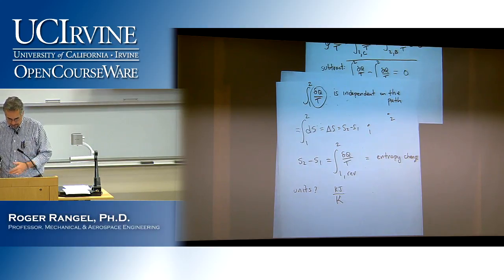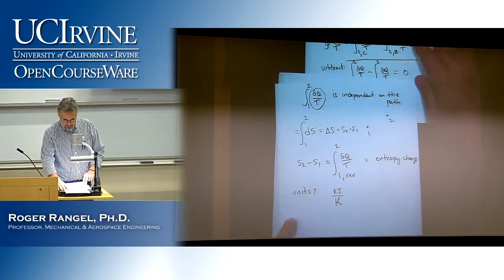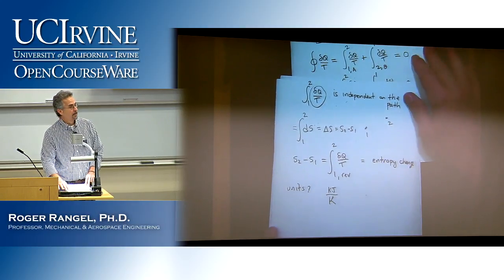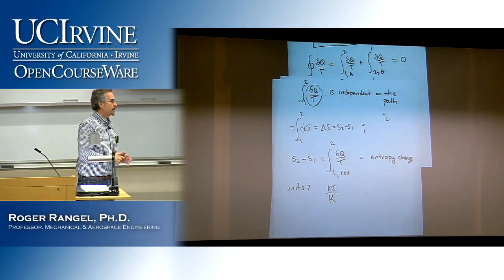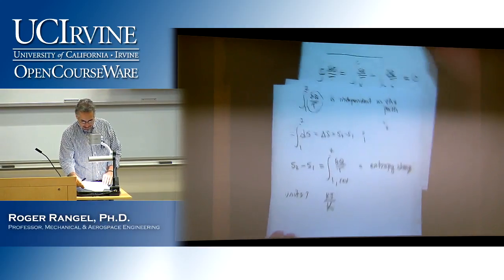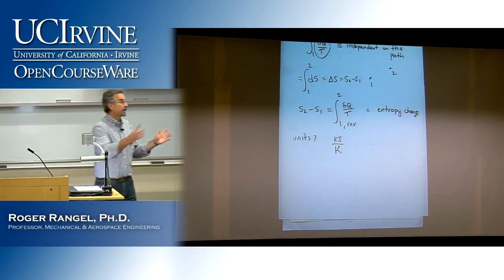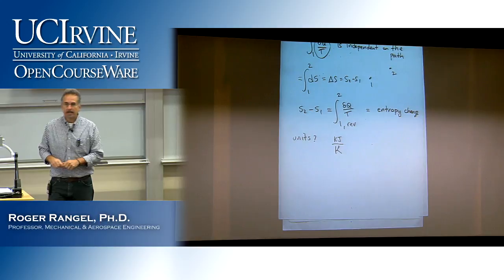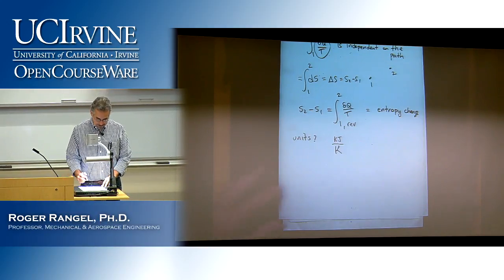So now we have a new property to deal with. And fortunately, the last one that we need to worry about, but we can add it to our bag of properties. And what that means is that when we do property diagrams, then we can include entropy as a property.